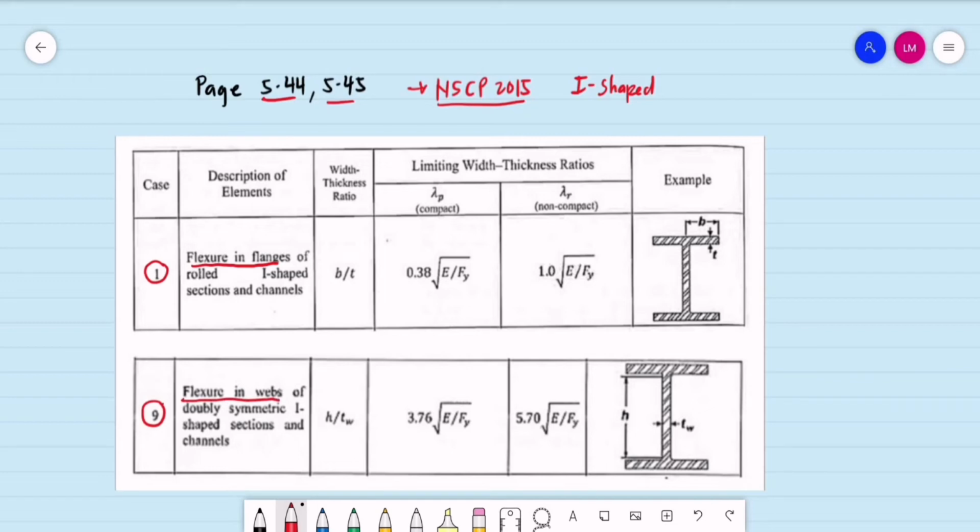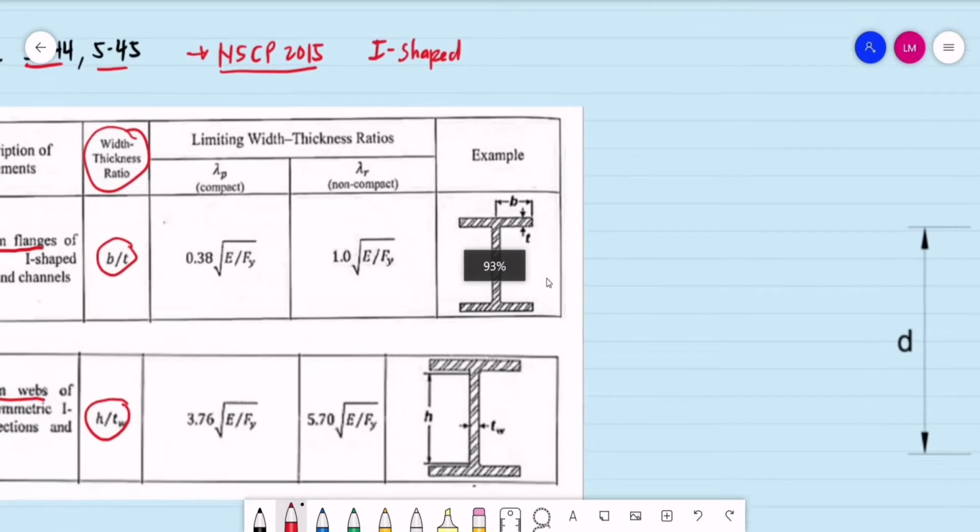So all we have to do is determine the value of the width-thickness ratio. That is for the flange, the b over t, and for the webs we have the h over t sub w. But we need to carefully observe our figure.